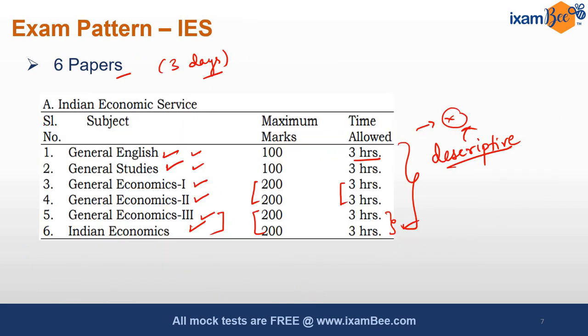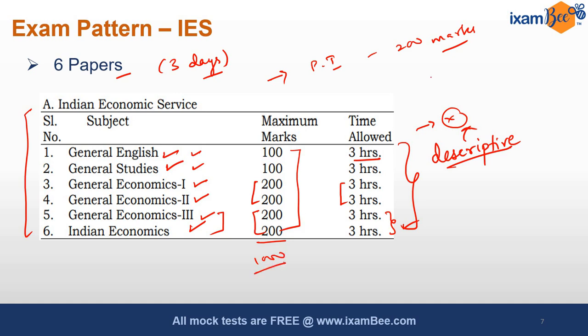And then after the written examination, once you clear the cutoff, then you can appear for the personal interview, which is again of 200 marks. So the total marks for IES for the written examination is 1000 and an additional 200 marks for interviews. So out of 1200 you get your final score.